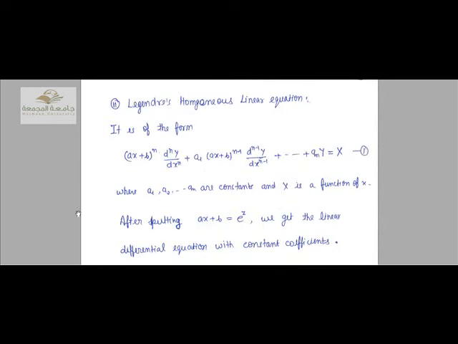Now the second method is the homogeneous linear equation, Legendre's linear equation. It is of the form (ax plus b) to the power n d^n y over dx^n plus a1 (ax plus b) to the power n minus 1 d^(n-1) y over dx^(n-1) plus up to an y is equal to capital X, equation number 1, where a1, a2, an are constants and capital X is a function of small x.